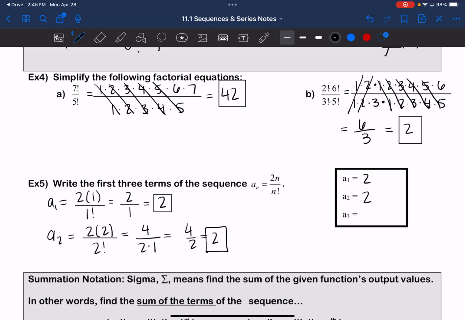All right, let's look at that third term. A sub 3. This would be 2 times 3 over 3 factorial, all right? So 2 times 3 gives us 6, and in the bottom we'd have 3 times 2 times 1, which is also 6. And 6 over 6 is just 1, right?